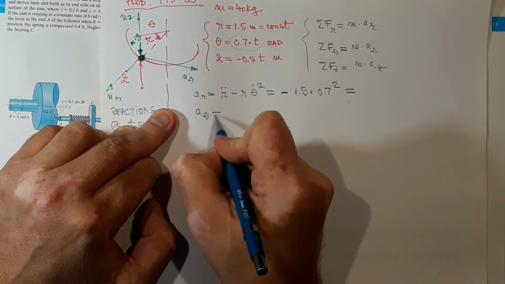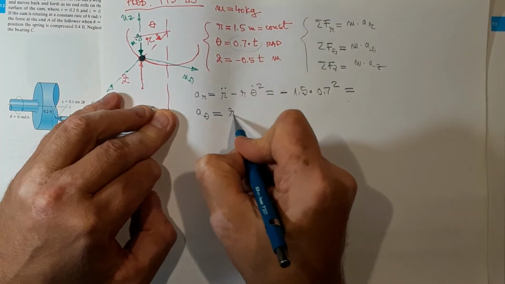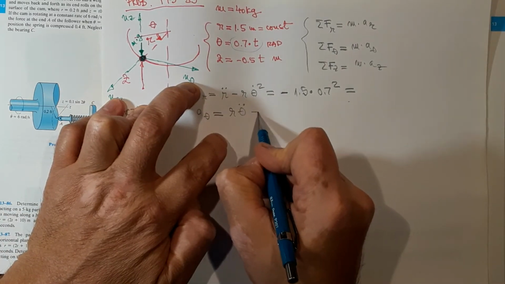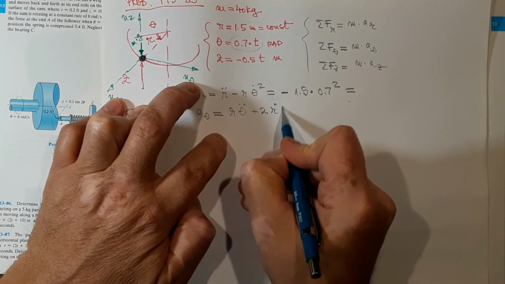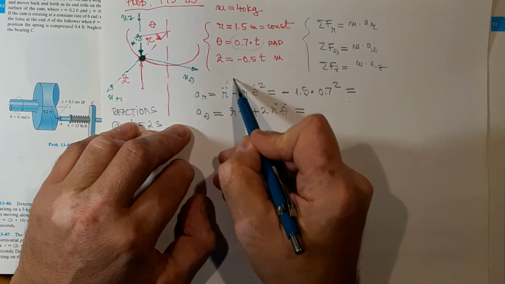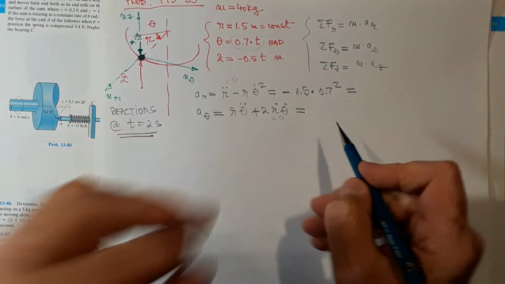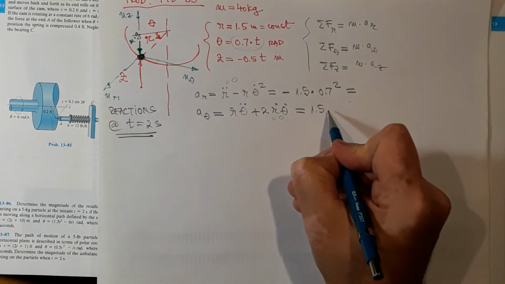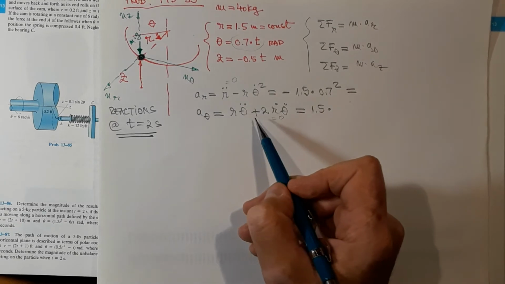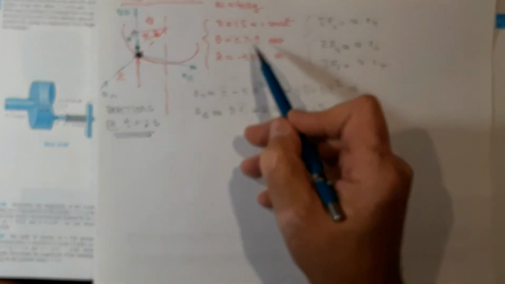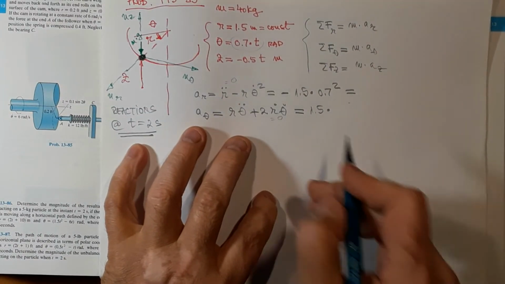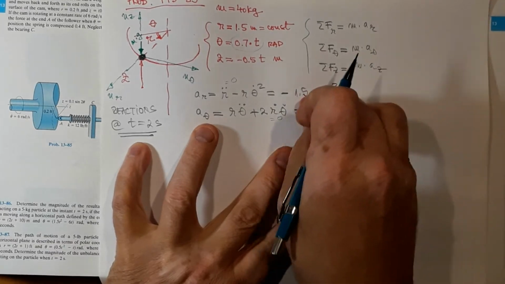Acceleration in the transverse direction is r times theta double dot plus 2 r dot theta dot. Actually, a in the transverse direction is just all going to be 0.